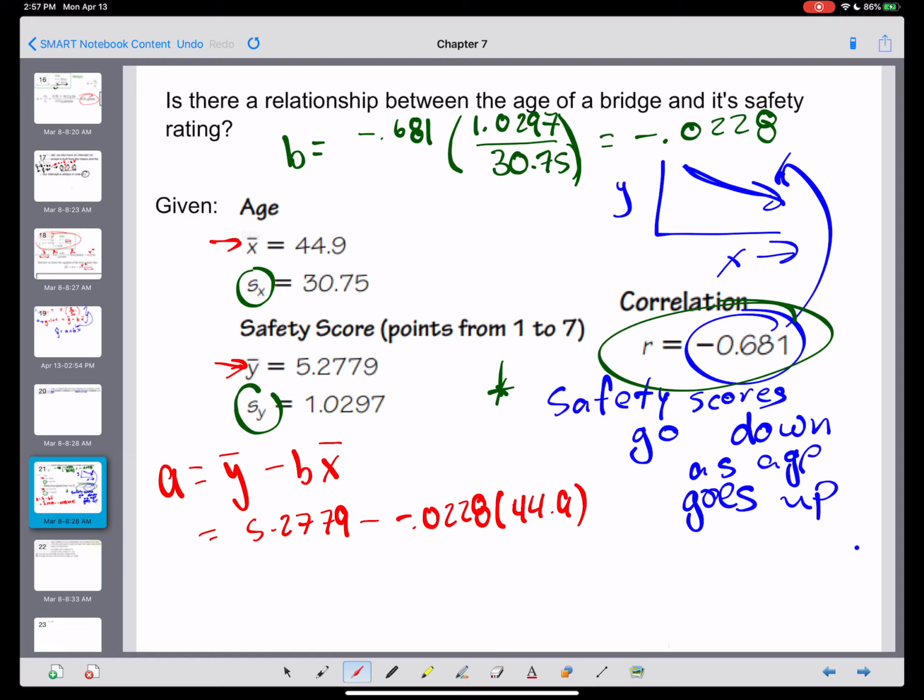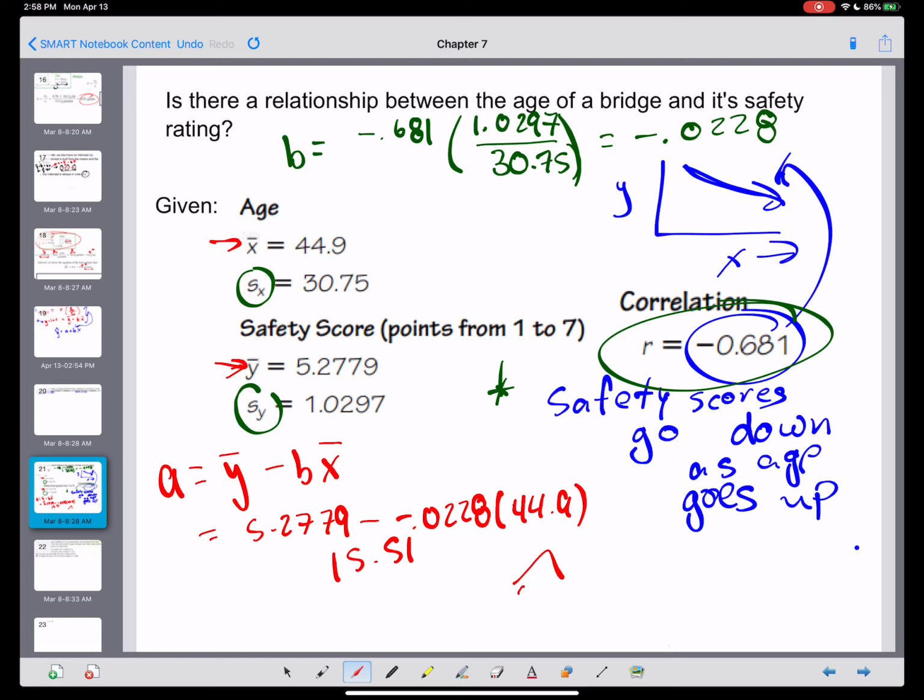And then I'm just going to plug that in real quick. So 5.2779, right? Negative makes a positive. So plus 0.0228 times 44.9. So it's 15.51.